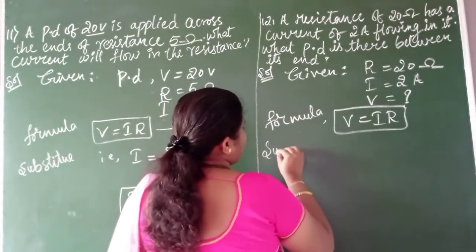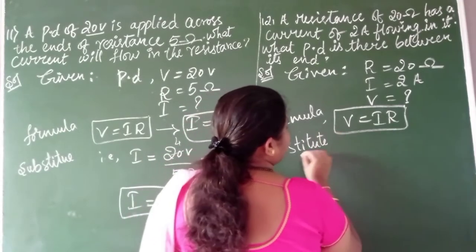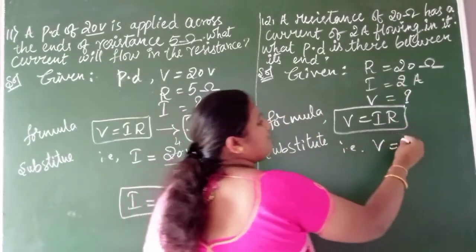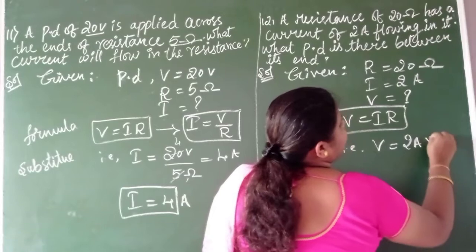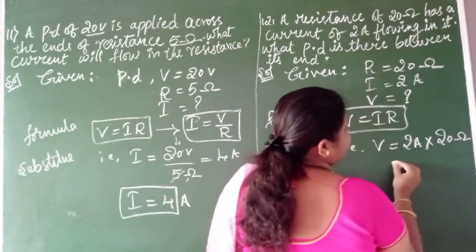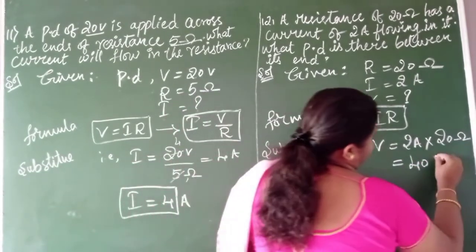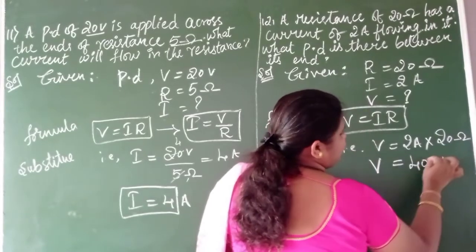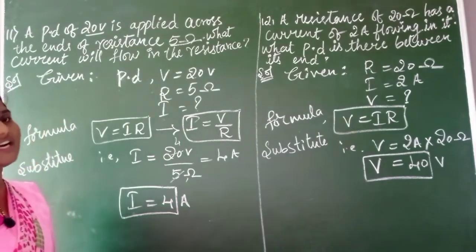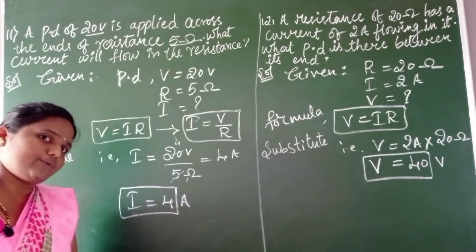So now substitute the given values, that is, V is equal to, what is the I value, children? 2 amperes into R, what is it? 20 ohms, which is nothing but 2 twenties are 40 volts, the potential difference across its ends. Got it, children? 40 volts is the voltage across this circuit.